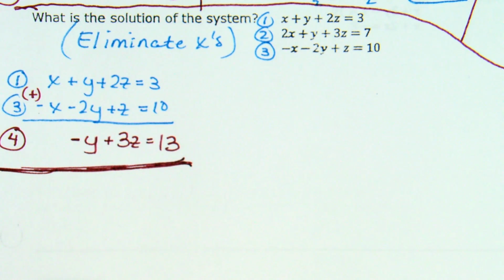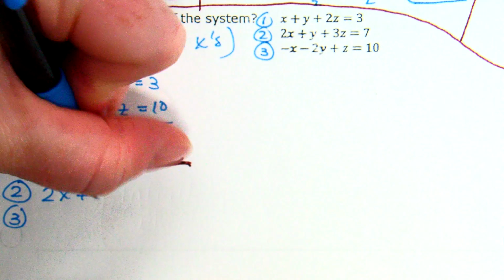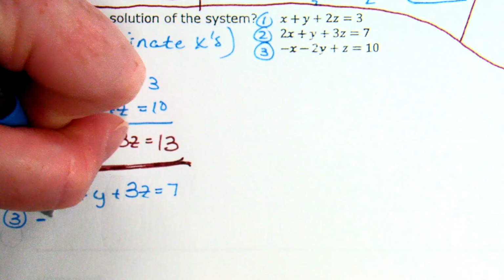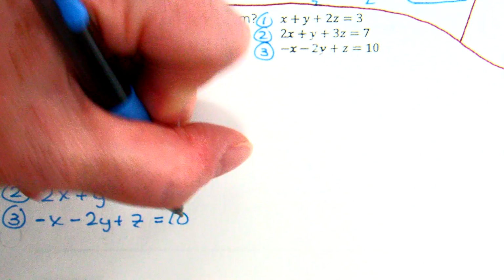Are you guys okay with 2 and 3? So I'm going to write 2 and 3 down here, and then I'll do my multiplying step. 2 is 2x plus y plus 3z equals 7. 3 is negative x minus 2y plus z equals 10.